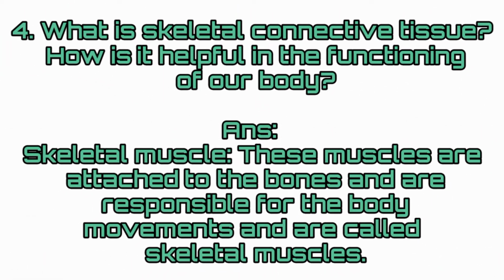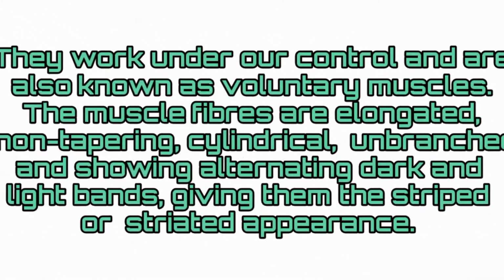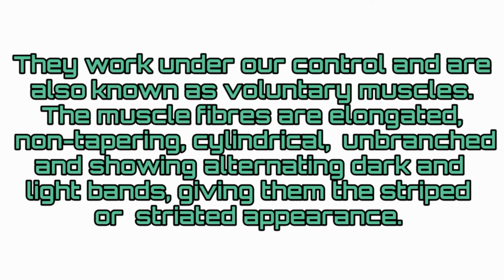Fourth question, what is skeletal connective tissue? How is it helpful in the functioning of our body? Skeletal muscle. These muscles are attached to the bones and are responsible for the body movements. They work under our control and are also known as voluntary muscles.